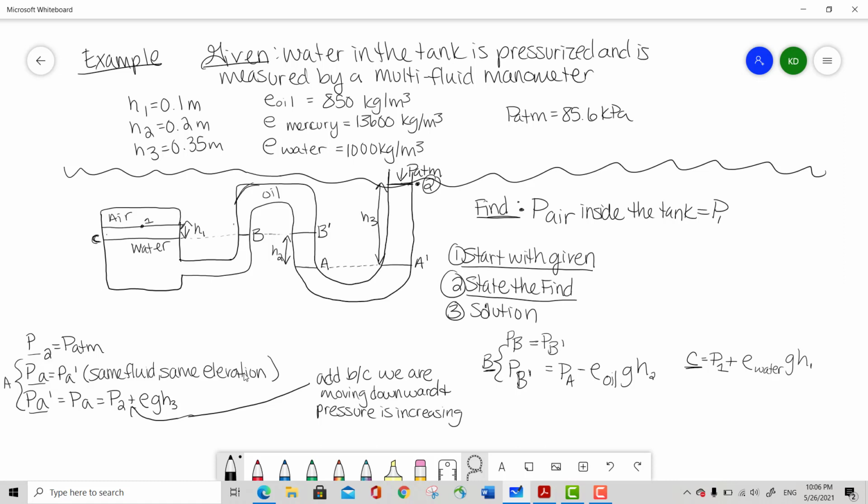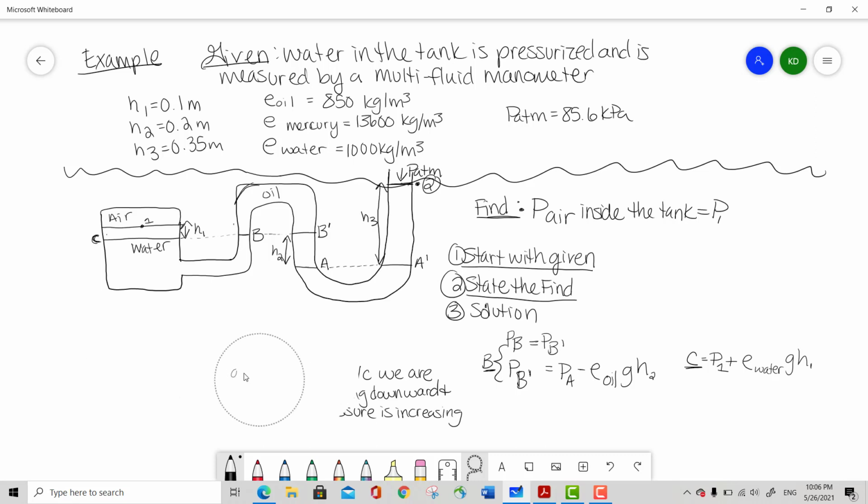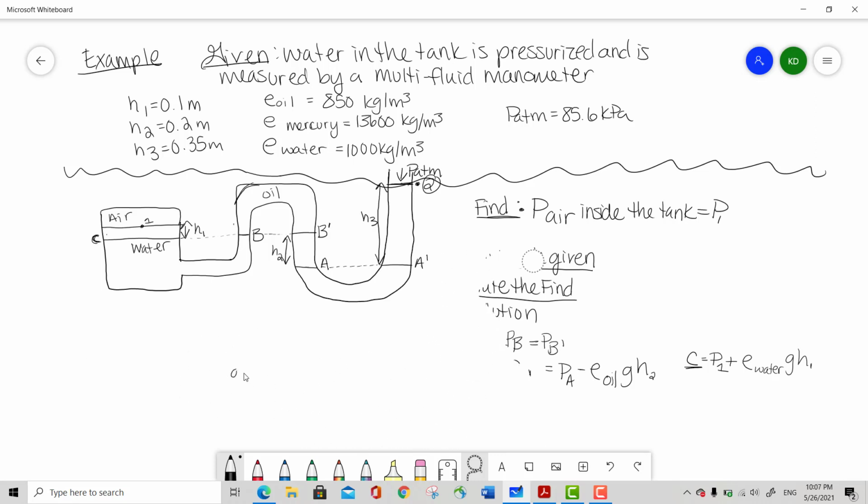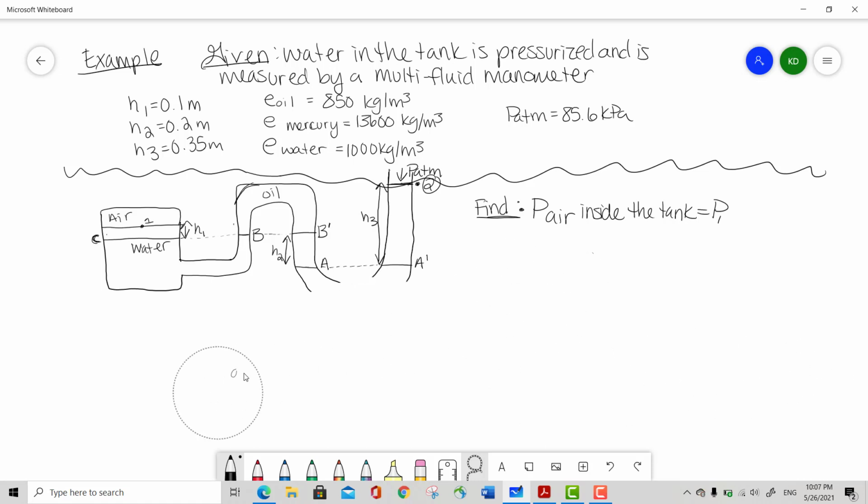Now let's put them all together. Let me just erase this portion. We're almost done, guys. I promise my laptop won't die. Okay, so we've got P2 plus rho GH3 minus rho oil GH.